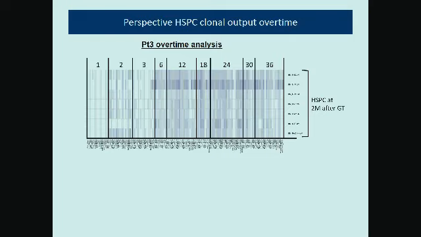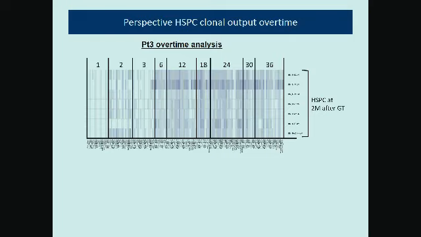The first message is that we are collecting integration sites at early and late stages after gene therapy, so we wanted to do a prospective HSPC clonal output tracking over time. We first look at the HSPC that were isolated at 2 months after gene therapy. In this heat map, the 7 different subpopulations are represented in the rows, and at the bottom of the heat map are all the other subpopulations.